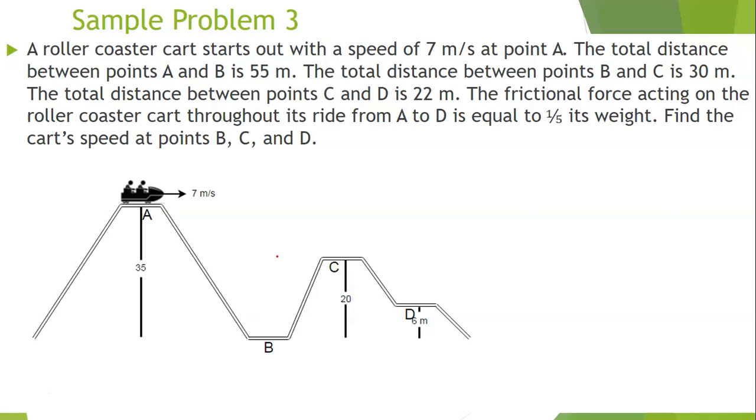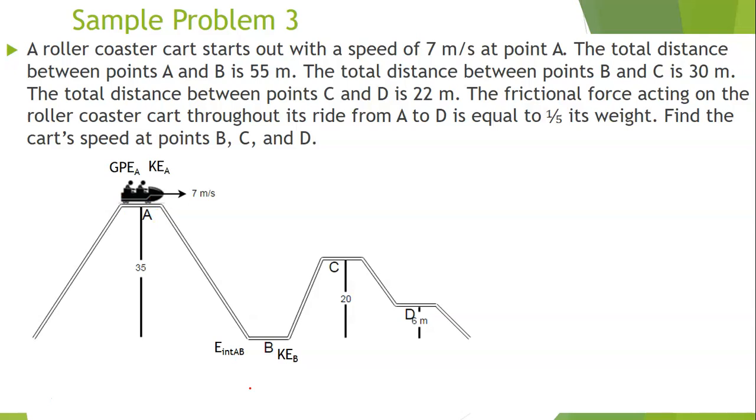Let's start this problem by just seeing what type or types of energy are at each point. So at point A, we have gravitational potential energy and kinetic energy. And at point B, we have kinetic energy, but there's friction all along here, so there's also going to be some internal energy.